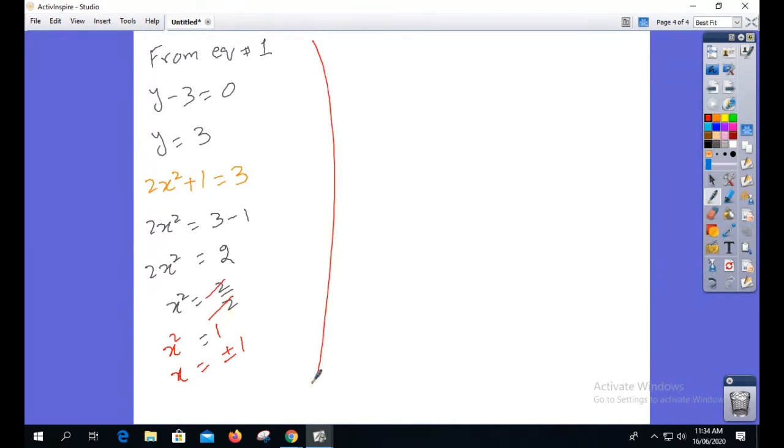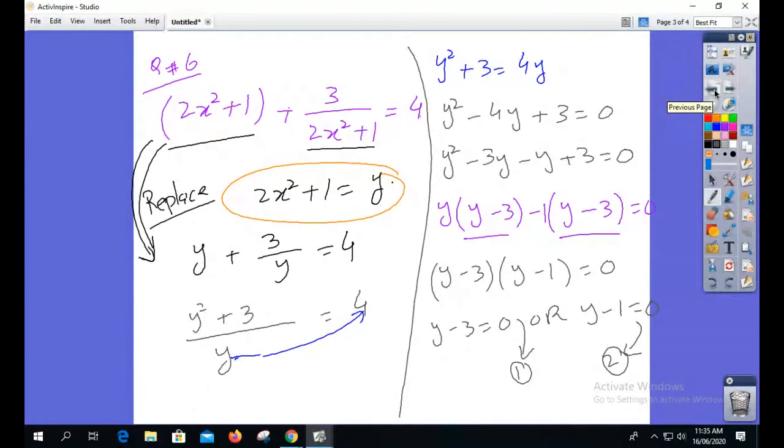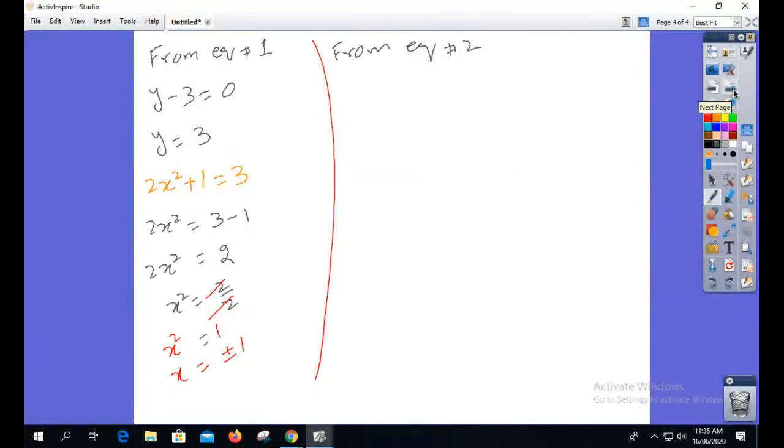Now from equation number 2, what is equation number 2? y minus 1 equals to 0. So, y equals to 1. Again, we replace y by 2x square plus 1 equals to 1.